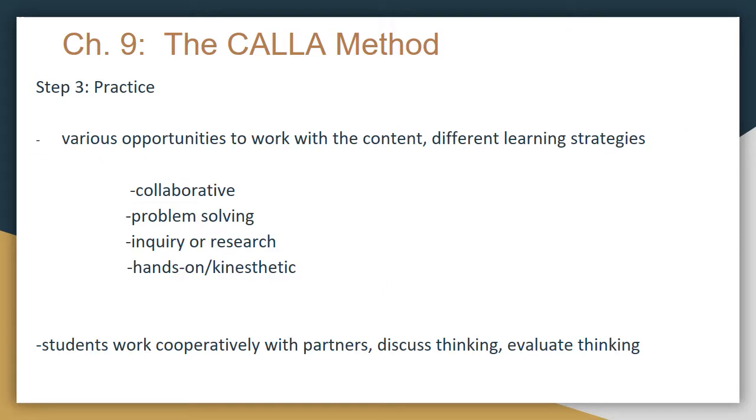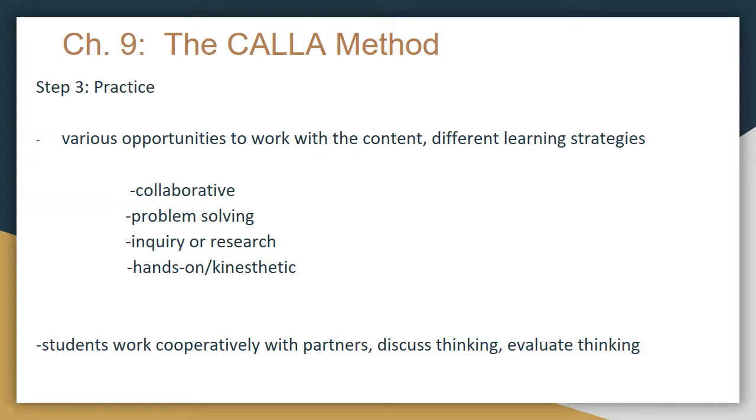The third step is practice, where students have various opportunities to work with the material and to engage with the content. Also, they're provided with various learning strategies, such as collaborative learning strategies, problem solving, where they could use inquiry or research, or also hands-on kinesthetic activities to practice with the material.